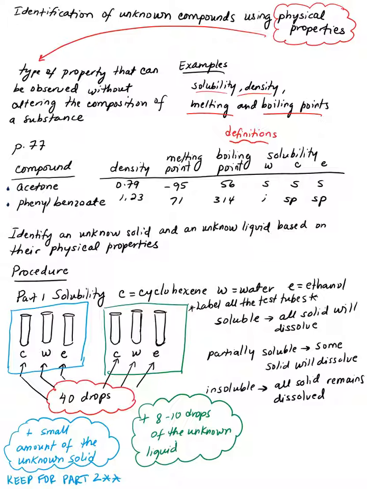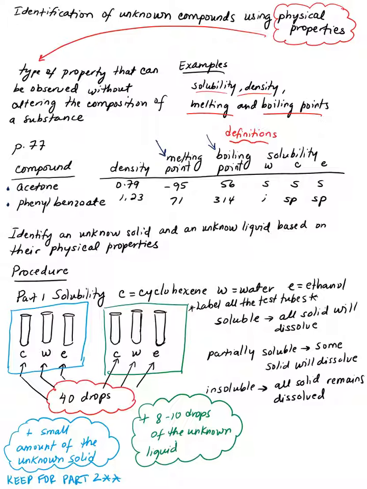So you have to heat up your phenyl benzoate all the way to 71 before that compound goes from a solid to a liquid. So melting point we're going to be using for your solids. We cannot determine a melting point for a liquid. Melting point for the solid, and then boiling point for the liquid.